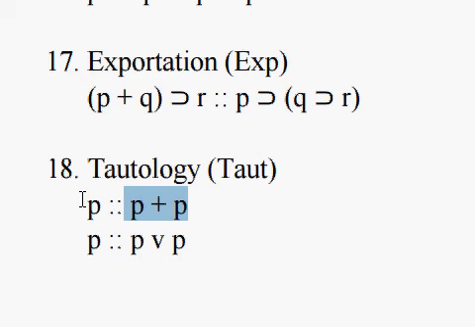If you said something like Paul is here or Paul is here, well, then it's the case that Paul is here. Because if you're saying it's either the case that Paul is here or it's the case that Paul is here, then we know that Paul is here. And that's called a tautology. A tautology is basically where no matter what, the statement has to be true, because the case in this one is either Paul or Paul.